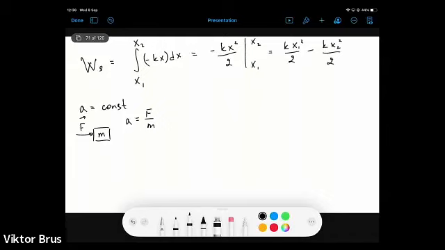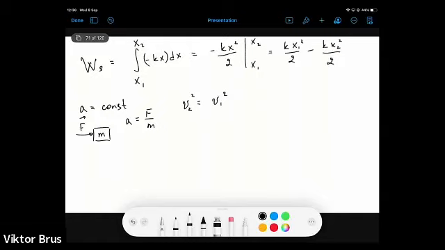And taking into account this equation which I mentioned before, we can write that the velocity which this body will gain, v1 is the initial velocity. Let's call this v2. It will be the final velocity.